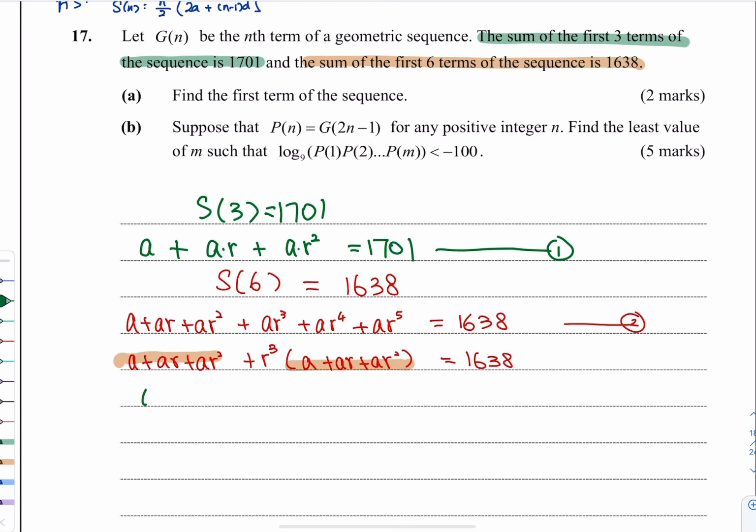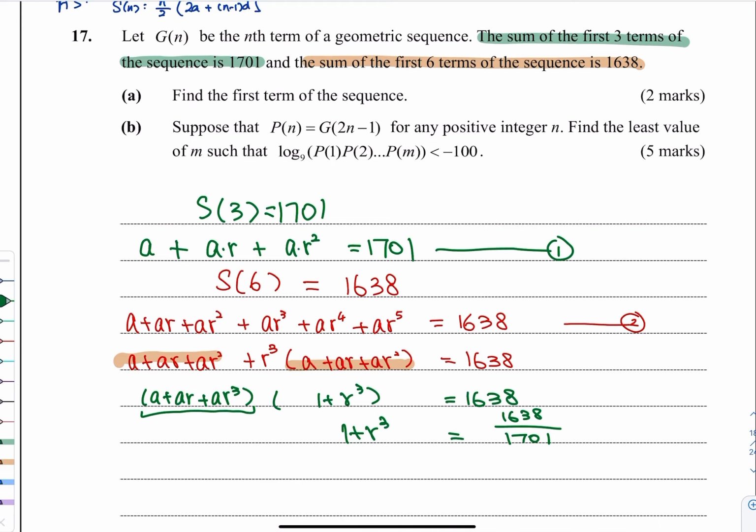Or you could directly take the whole thing out like the normal factorization, and then you're left with 1 plus R cube times 1701 equals 1638. So 1 plus R cube will be 1638 over 1701. Then click the calculator, because I don't have it.